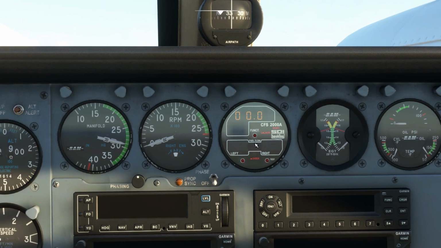So we are putting in, okay, fill up, add gallons. 104. Let's check again. 104. Yes. So again, func and enter.